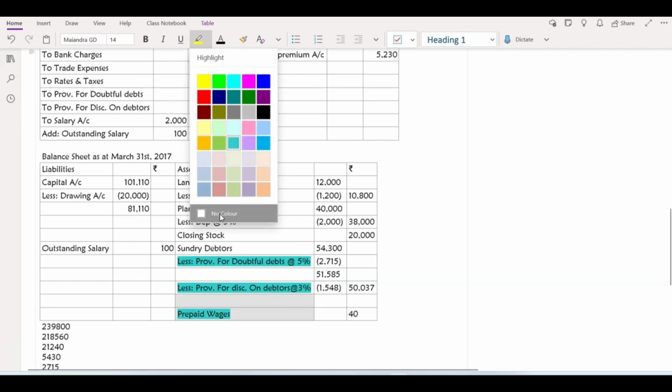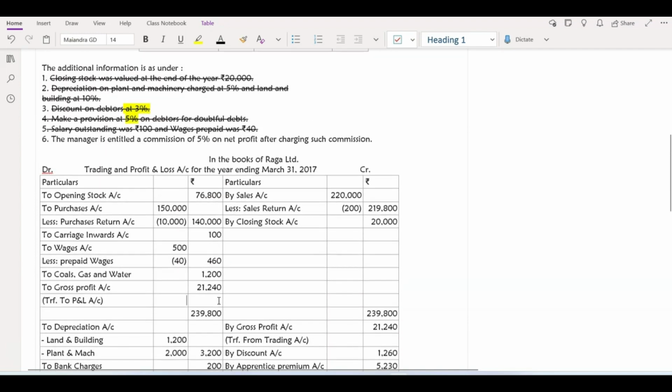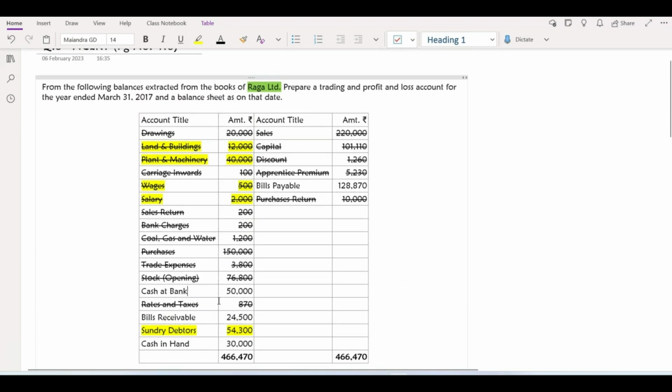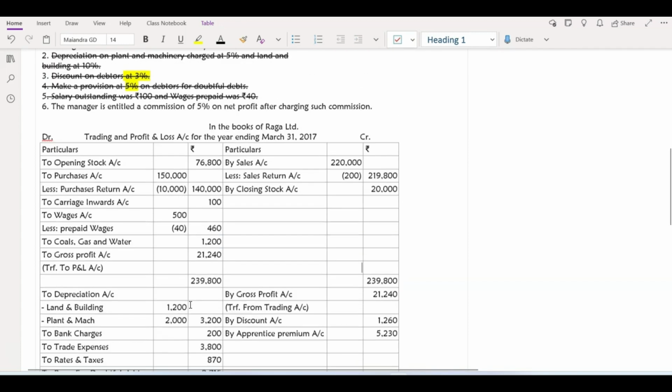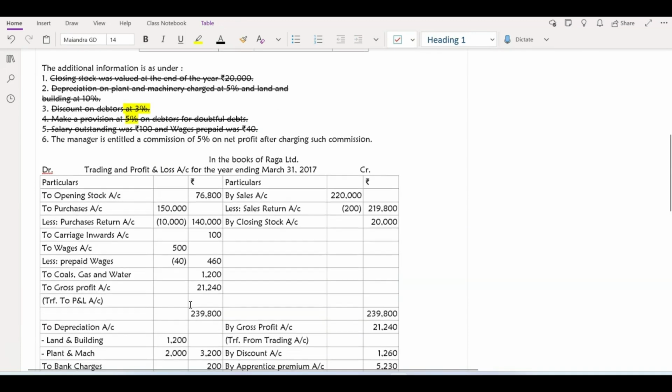And I'm going to unhighlight this part. Okay. So very few items left. Let's write bills. Sundry debtors are done. Bills receivable 24,500.